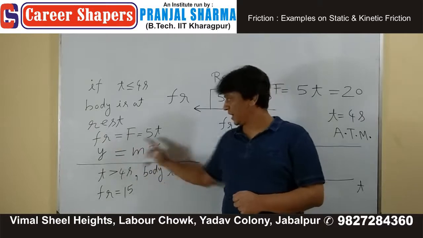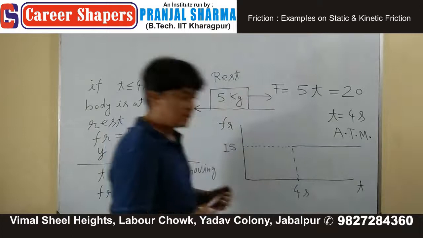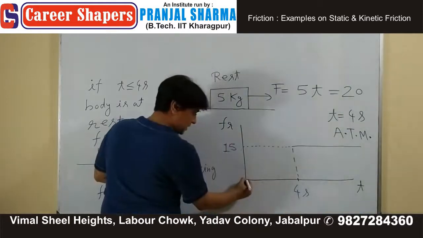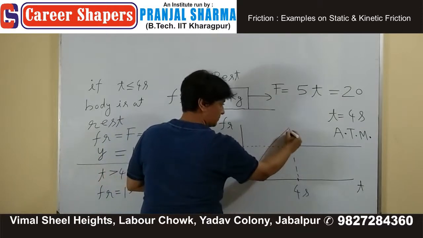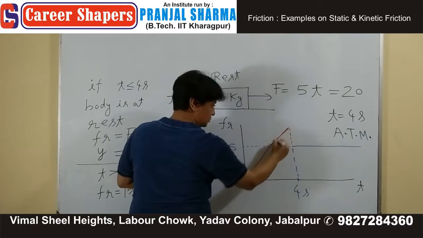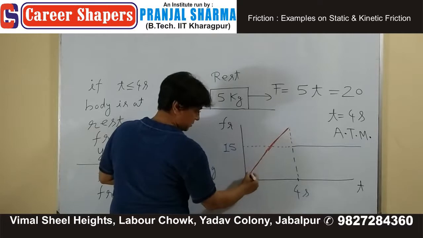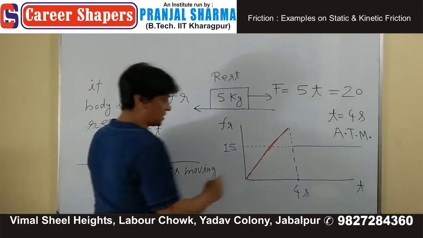So Fr and T graph is of this type. This is your straight line part. I hope it's clear.